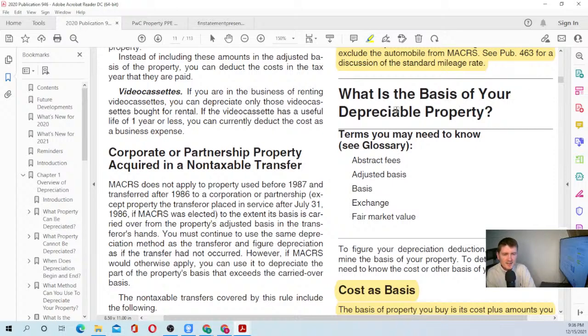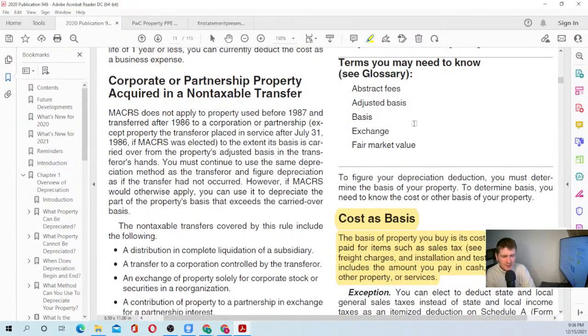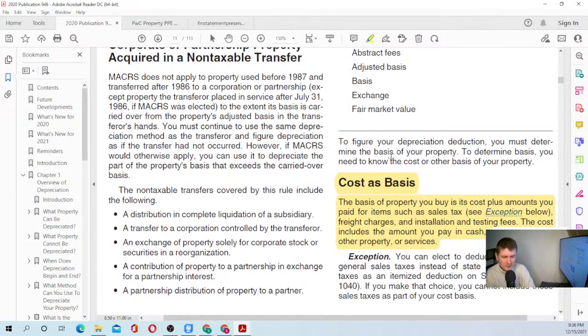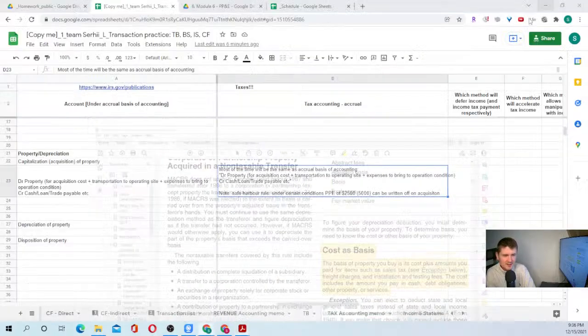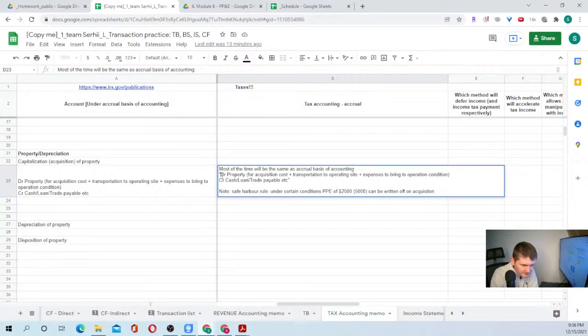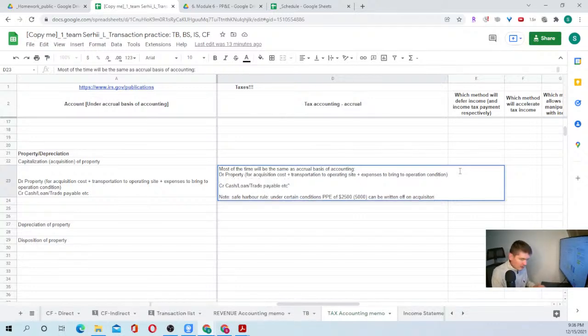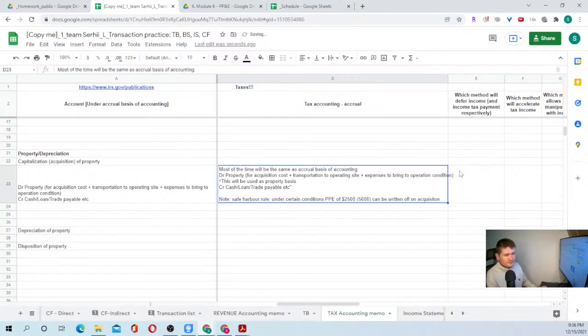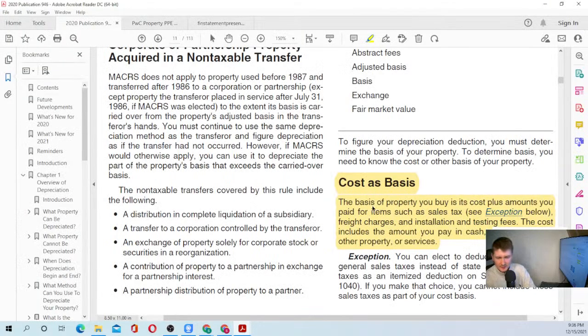So what is the basis? Basis is usually your acquisition costs. Let's make a note here. Your cost will be your basis for property, plant, and equipment.